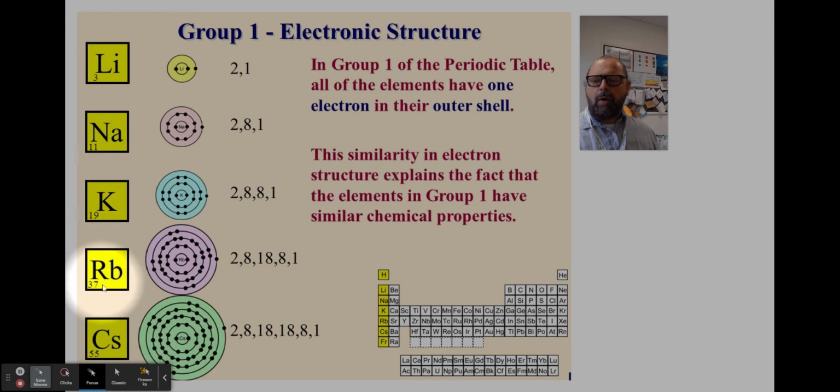The elements get more and more reactive, and we need to explain that in terms of how easy it is for these atoms to become ions. So all of group 1 will lose 1 electron and give it away when they react. Because lithium's outer electron is the closest to the nucleus, and the nucleus is pulling on the outer electrons because it's got positive protons inside it and the electrons are negative.